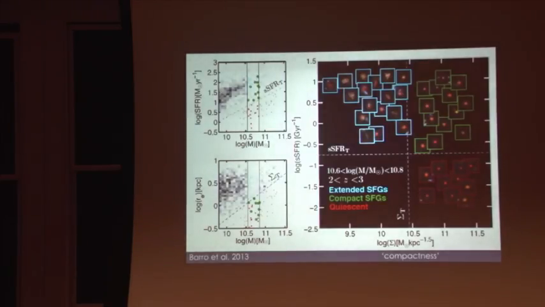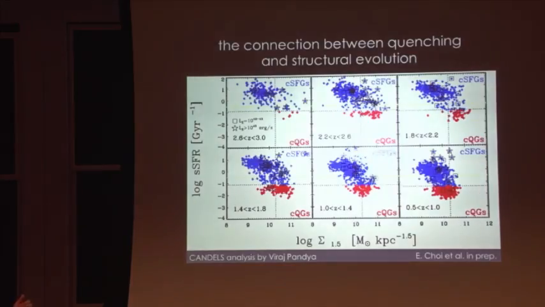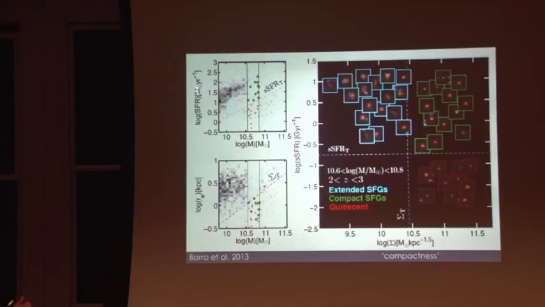Okay, so now we can start to put some of these different properties together into a diagram, which is a little bit unfamiliar, so let me walk through it a bit. We had the star formation rate versus stellar mass diagram, and we said we can draw a line here to separate our star-forming galaxies from our dead galaxies.